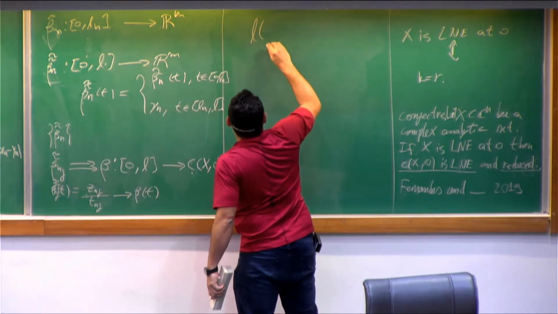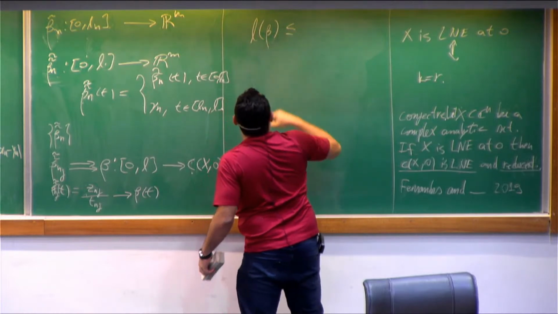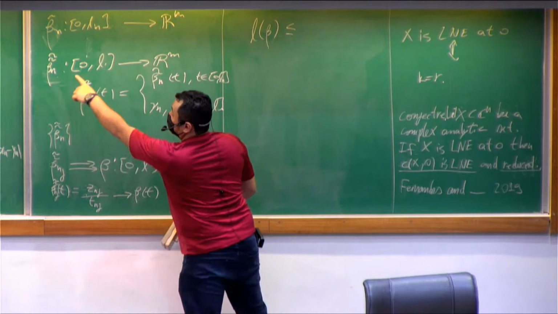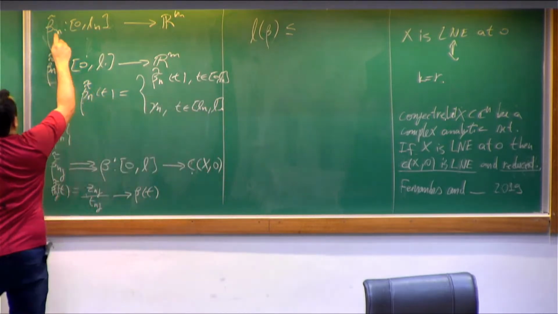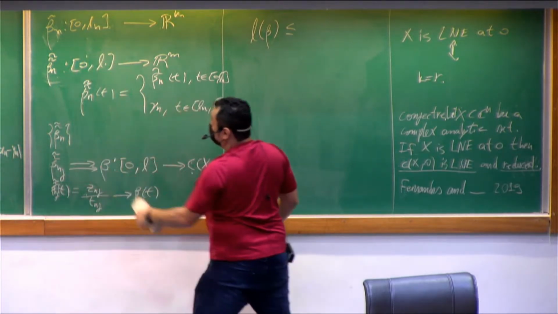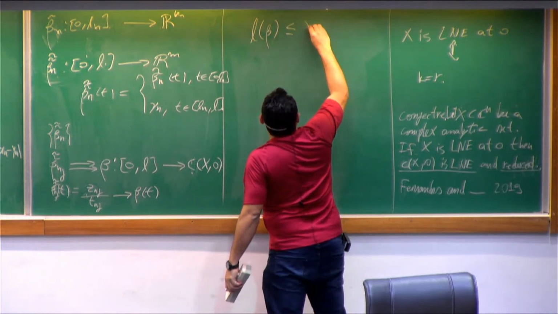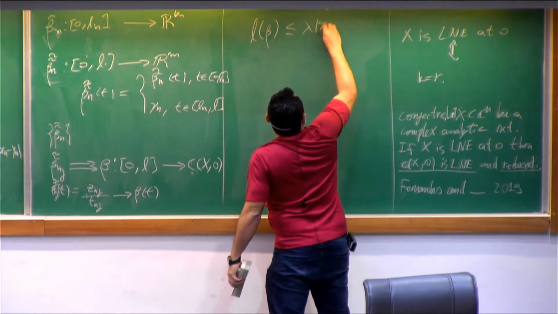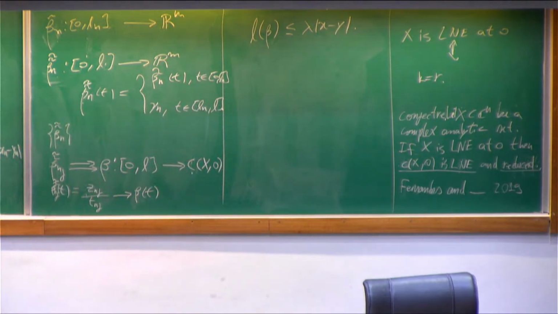It's an easy task to prove that the length of beta is less than the limit sup of the lengths of the beta n tildes, but the limit sup is less than L, and we can prove now this is less than lambda times x minus y, an easy computation, just putting the limit here.